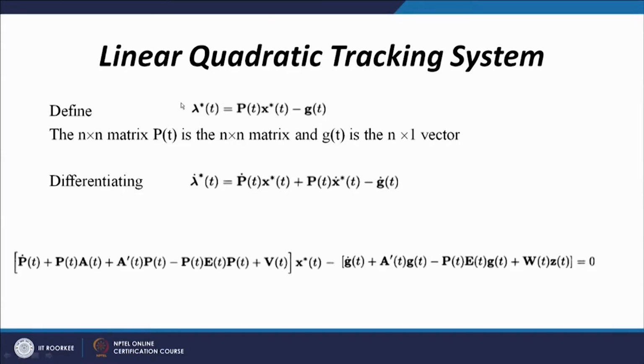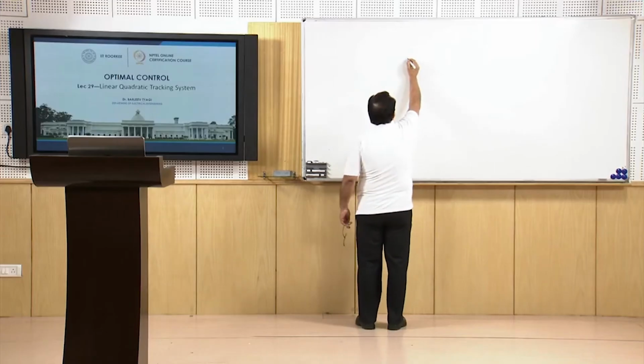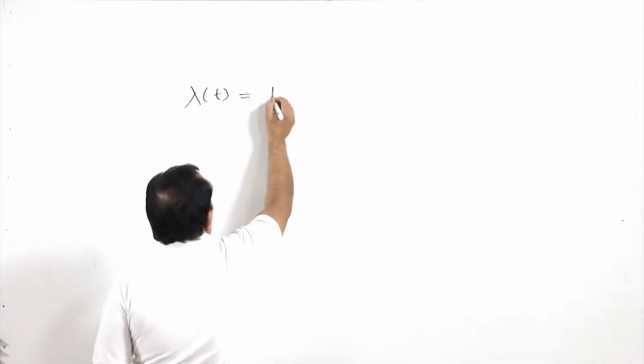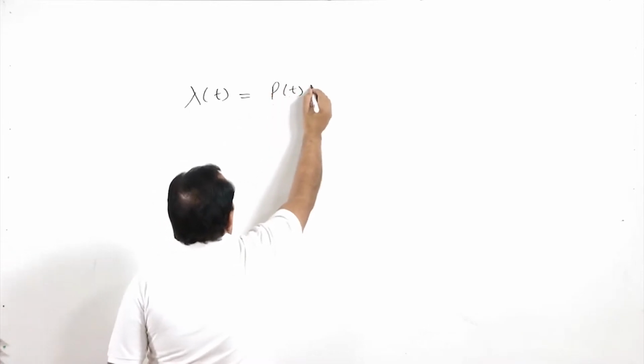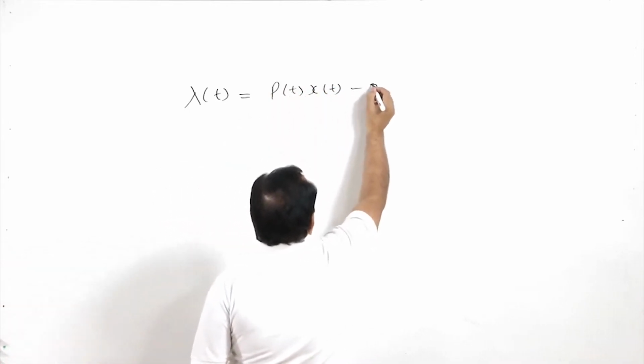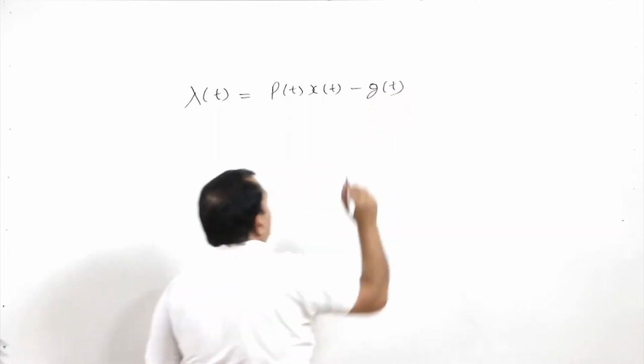So, I can define this transformation as lambda t equal to P t x t minus G t.